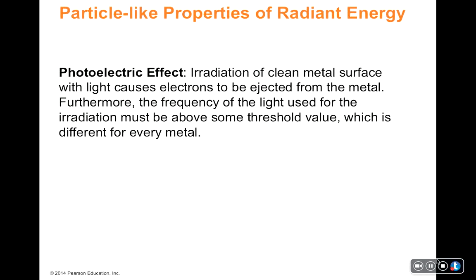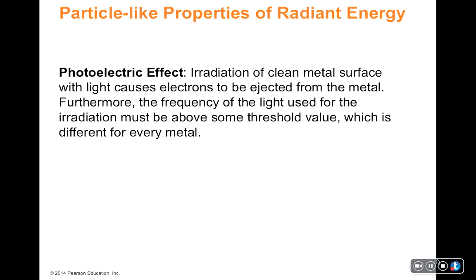Something else that was known about atoms was what's known as the photoelectric effect. This was discovered by Einstein, and he found that irradiation of a metal surface with light caused electrons to be ejected from that metal, and that the frequency of the light he used had to be above some threshold value for the particular metal that you were looking at, and that threshold value was different for every metal.